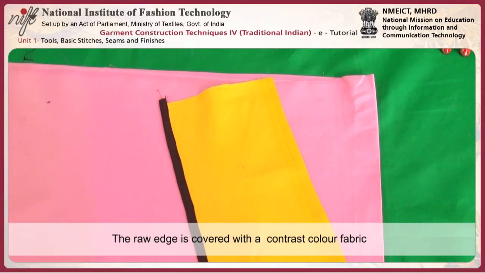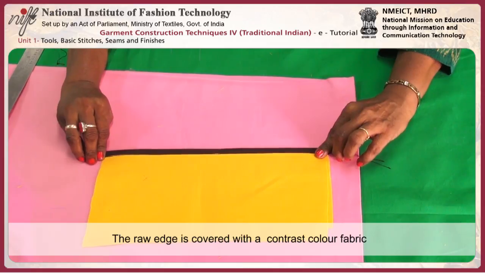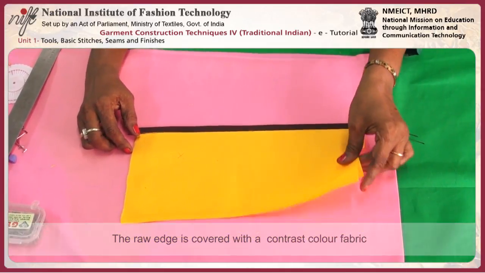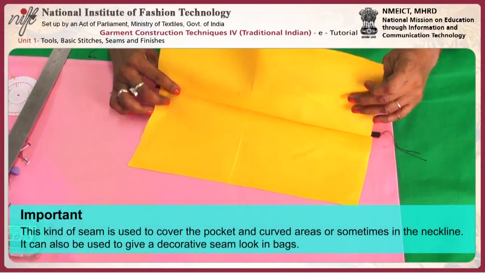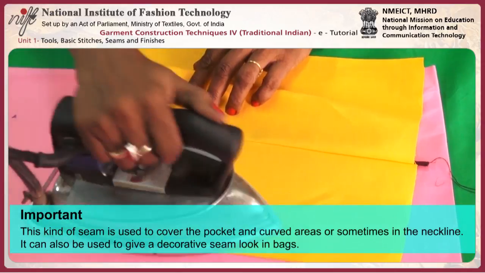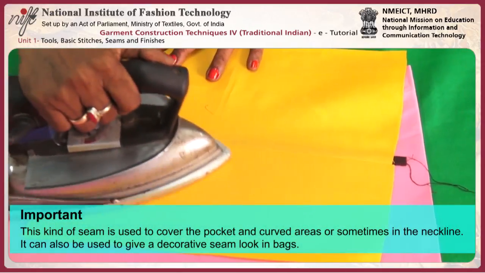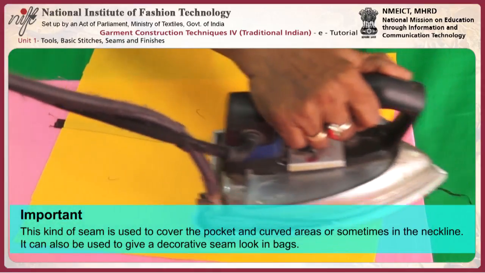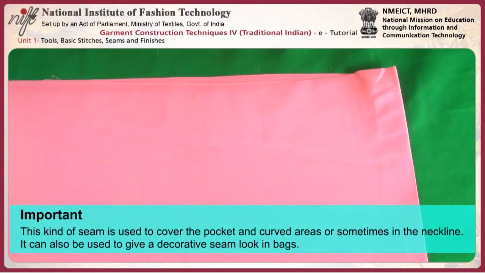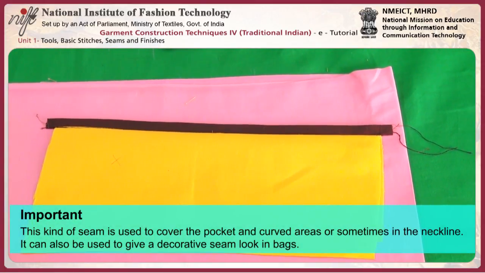So the raw edge is being covered with a separate contrast color fabric. This kind of seam is used to cover the pocket and curved areas. Sometimes it is being used in the neckline also, and this can also be used to give a decorative seam look at the right side itself.